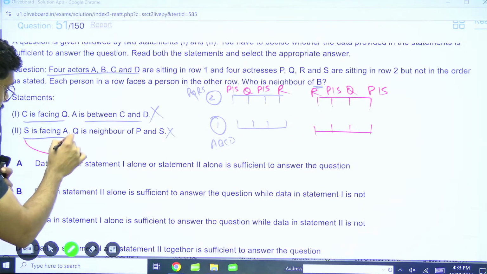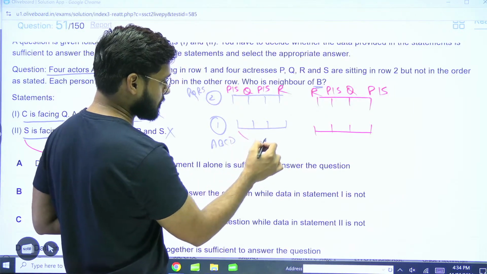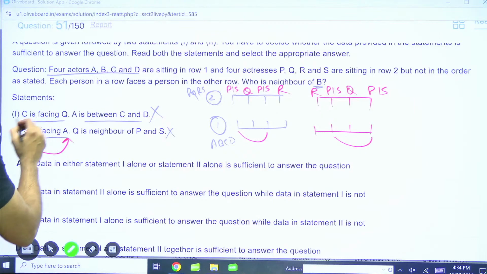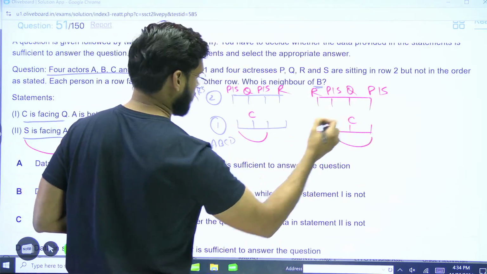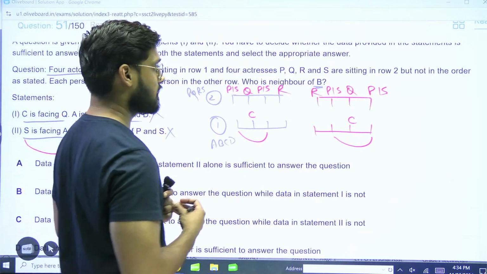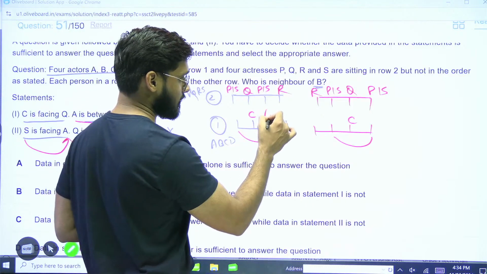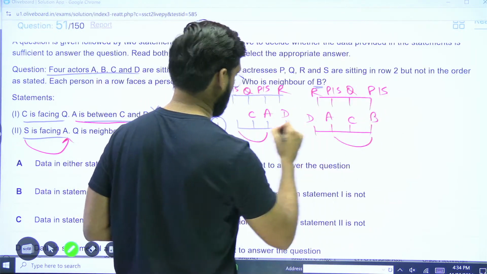S is facing A, so A can come in both these places. C is facing Q, so C will come here. A is between C and D, so A will come here, D will come here, and B will come here in both cases.